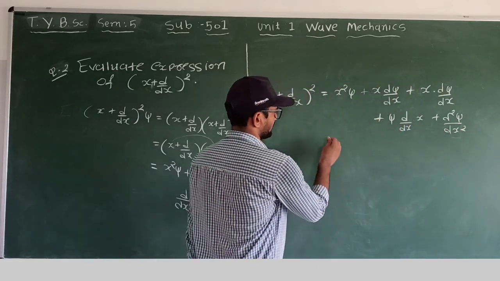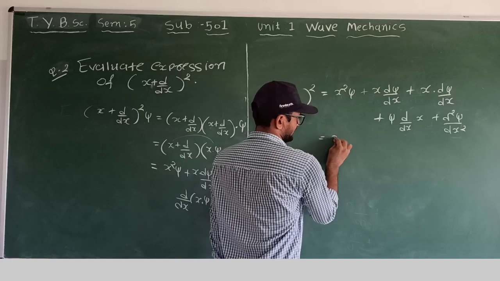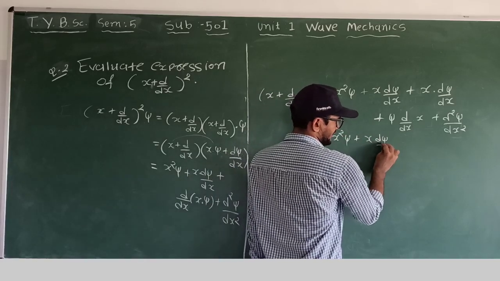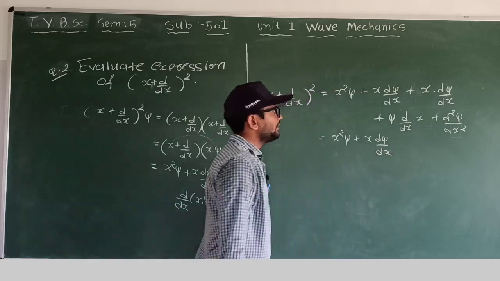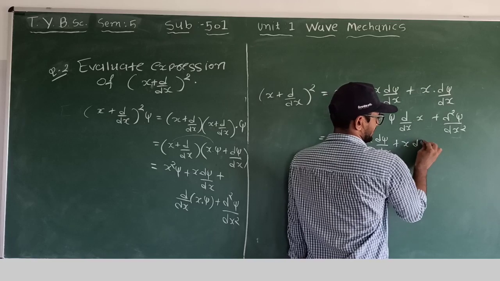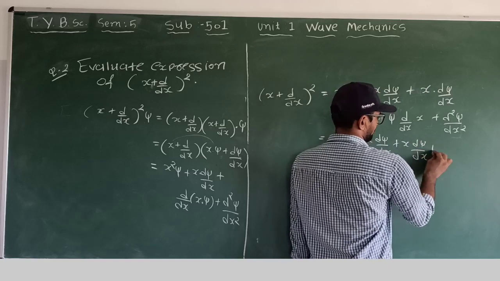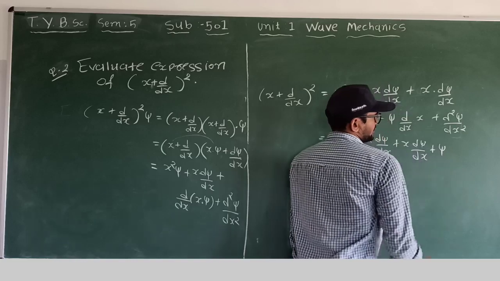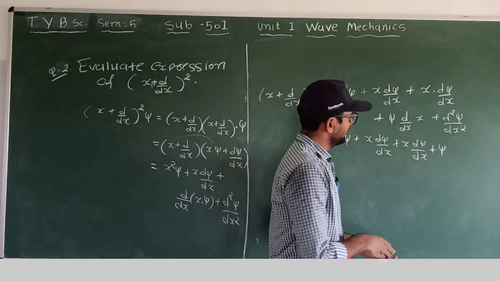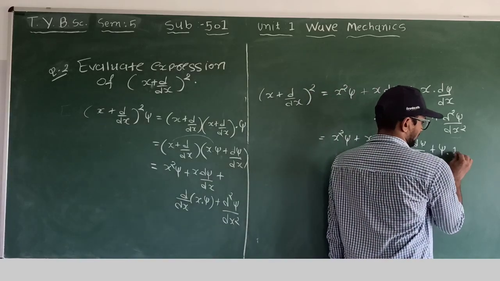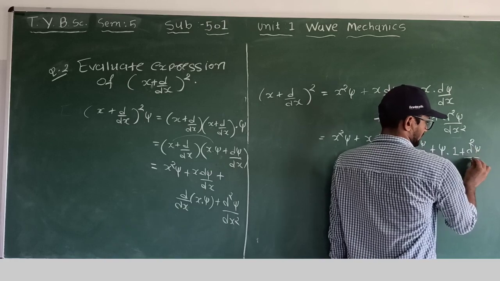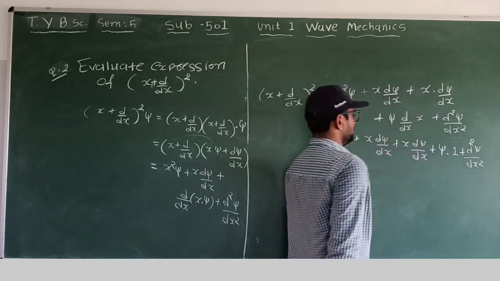Now x square sin plus x into d sin/dx plus x into d sin/dx plus sin. Now the value of d/dx of x is equal to 1, so sin into 1, plus d square sin/dx square.